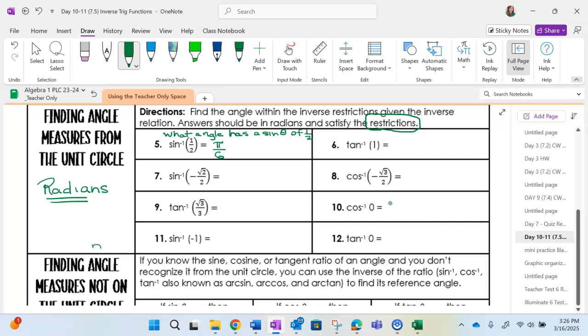Okay, all right, let's look at tangent. So what angle has a tangent of 1? Now, we have to be careful here, because when we're thinking of tangent, we're dividing something over something else. Like it could be 1/2 divided by 1/2.